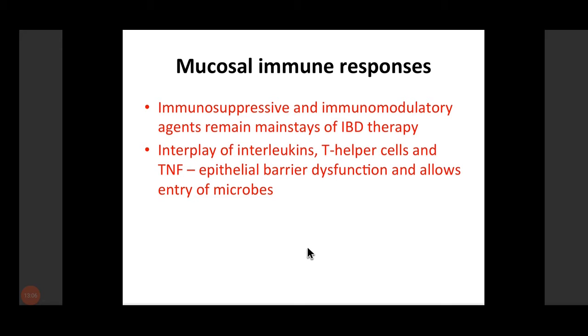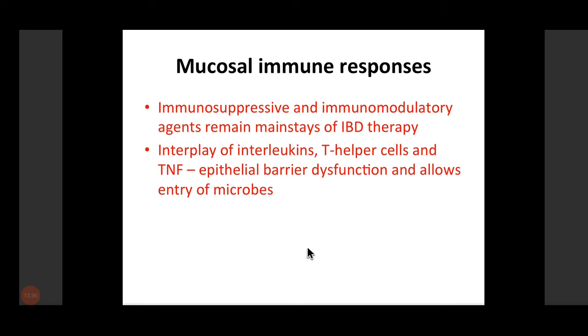The second area that is important is the mucosal immune response. So, here I'll just show you there is an interplay of interleukins, T helper cells, and various other factors such as tumor necrosis factor that allows the entry of the microbes and generation of the immune response that gives rise to the ultimate histological features of inflammatory bowel disease.